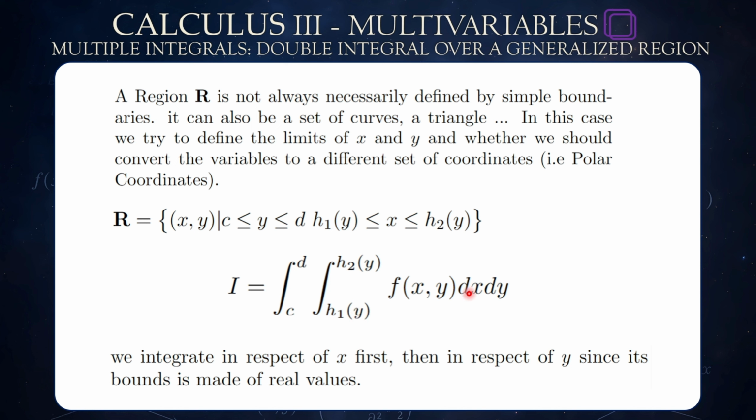We solve with respect to x, and you get a function of y, that's why it is placed in the middle. You solve it first, then you solve that with respect to dy. So you get something that has y within it, then you integrate with respect to y, from c to d. We integrate with respect to x first, then with respect to y, since its bounds are real values.